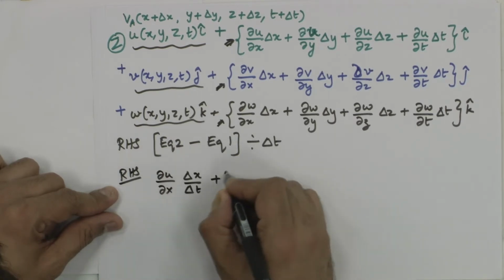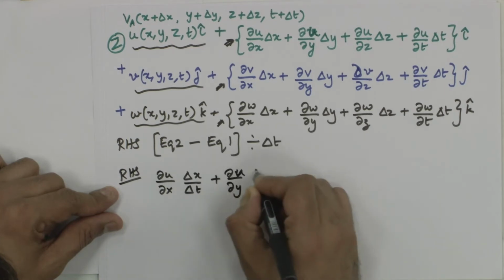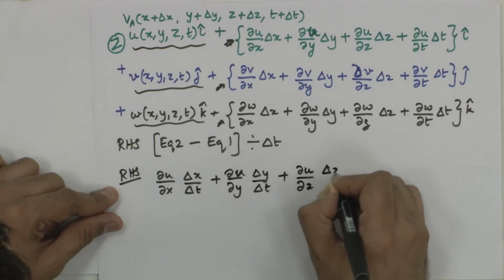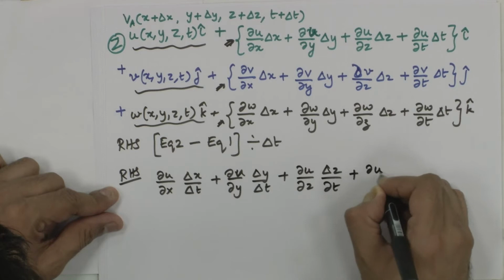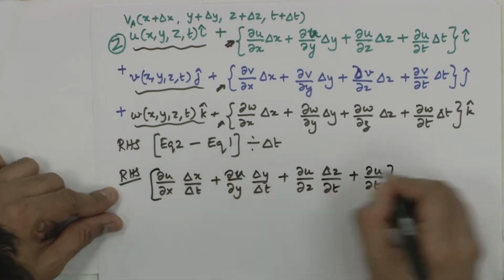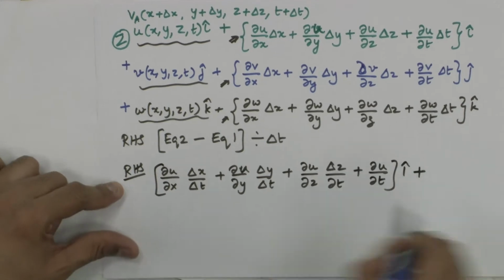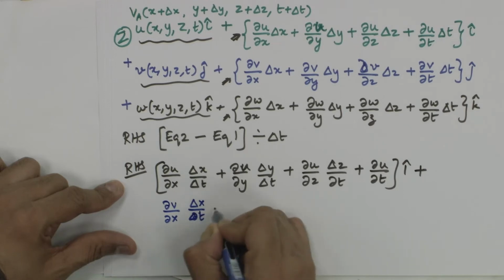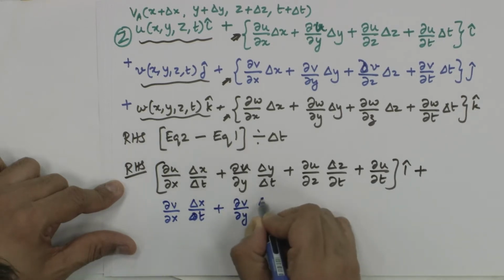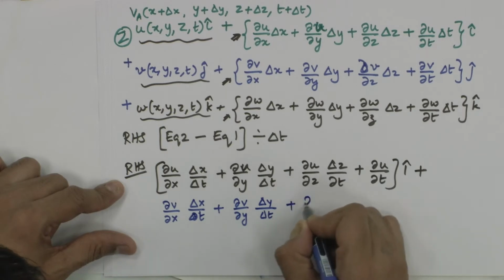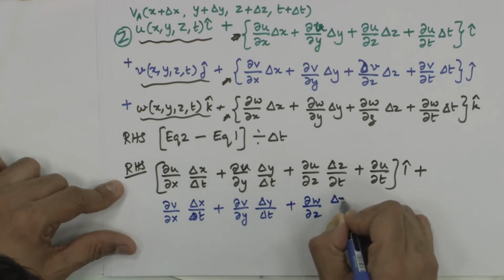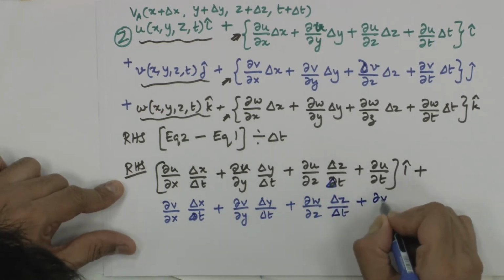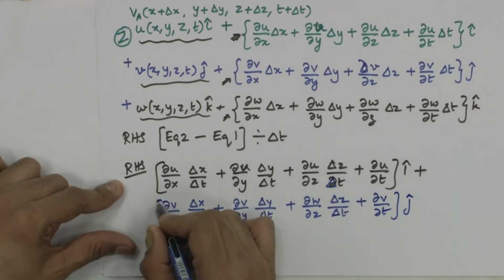So, that comes here du by dy delta y by delta t plus du by dz delta z by delta t plus du by dt. This is my first term i cap plus dv by dx delta x by delta t plus dv by dy delta y by delta t plus dv by dz delta z by delta t plus dv by dt j cap.